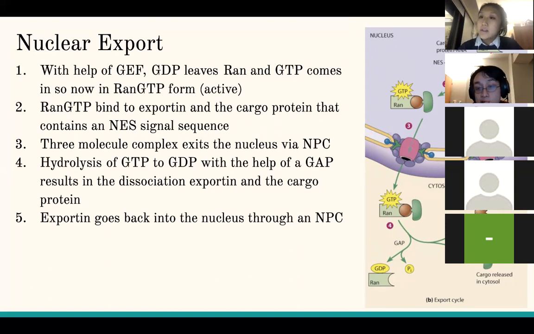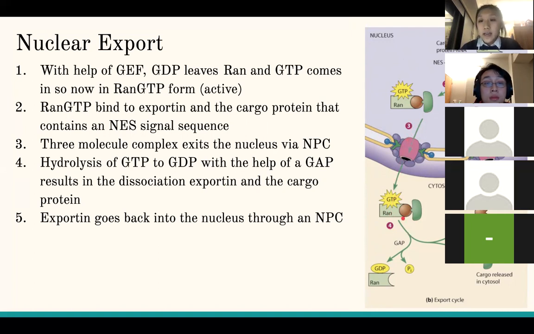So you're starting off with, again, GDP bound. In order to make it active, it's going to be GTP bound. And once it is GTP bound, this GTPase is active, and exportin can bind to the GTPase and a cargo protein, something that needs to make it out of the nucleus. Once it's bound to that exportin, the entire complex makes it out through the pore.